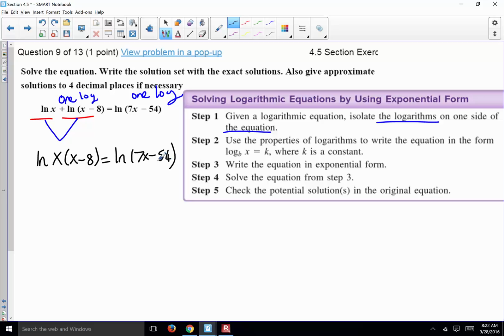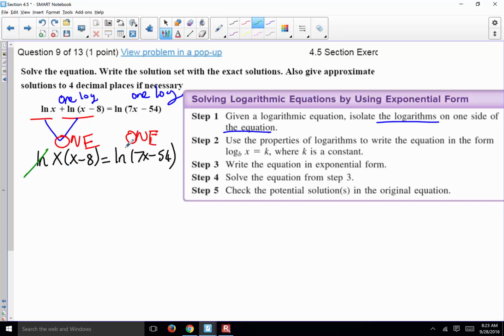Okay? And guess what we're gonna do next? Do you have 1 on the left and 1 on the right with same basis?